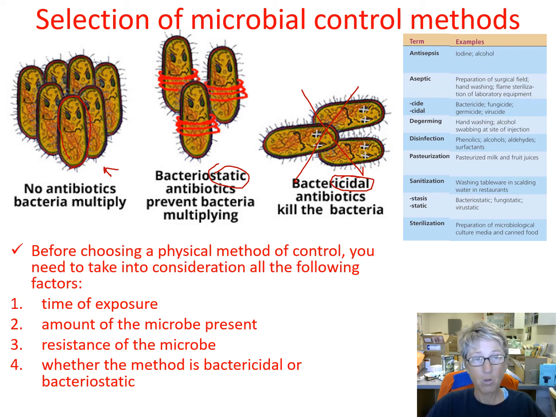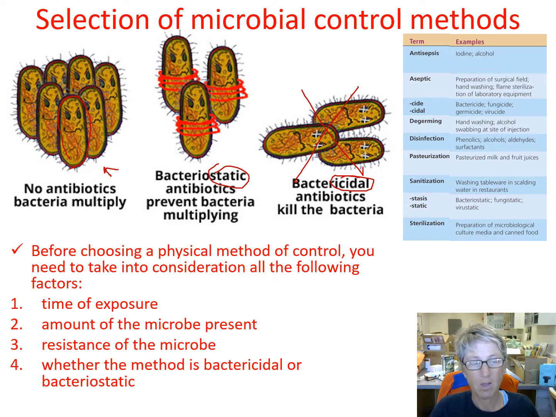So before you choose a physical method of control, you need to take into consideration all of these factors. You need to think about the time of exposure. How long are you going to be exposing this surface that you're trying to disinfect, for example? How long are you going to expose it to your disinfectant? Think about how much microbe is present on the surface.